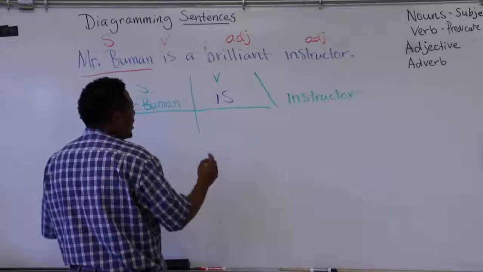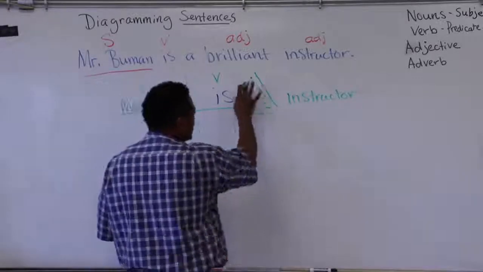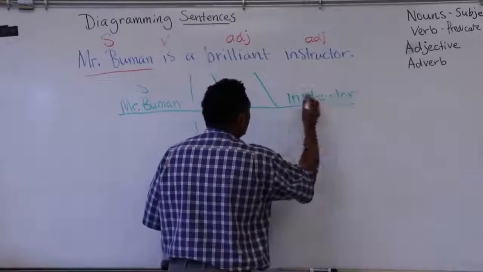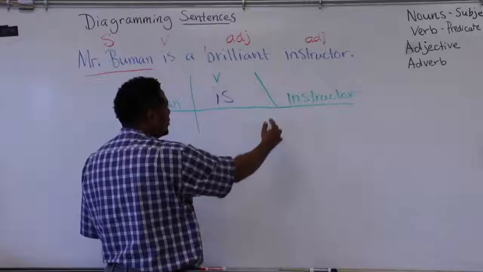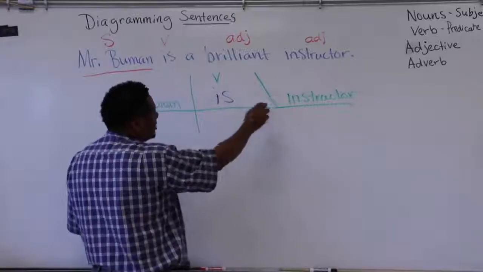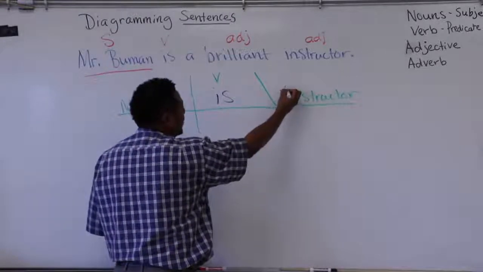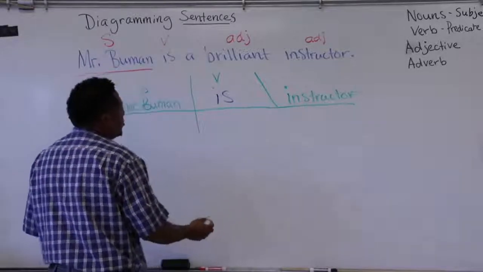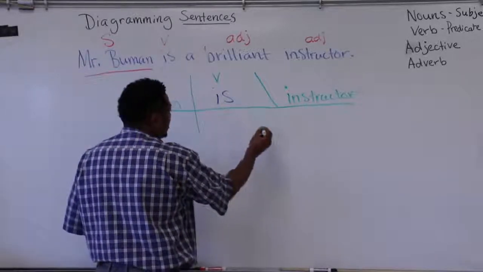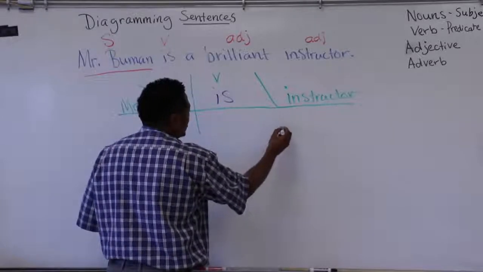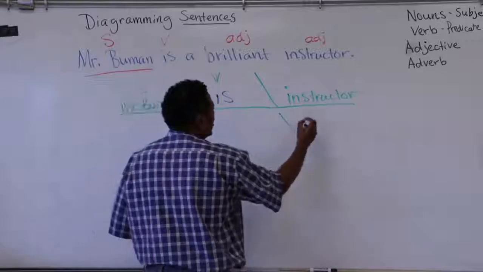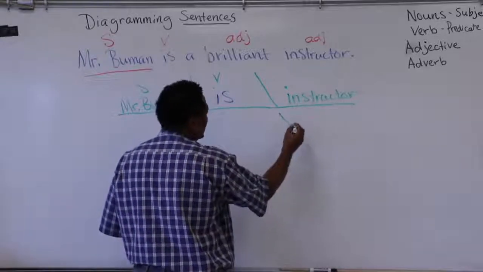Brilliant is describing, and this is on a slant versus a line that goes straight through when it's a direct object. It's on a slant because it is a predicate adjective. Brilliant is describing what kind of instructor he is.